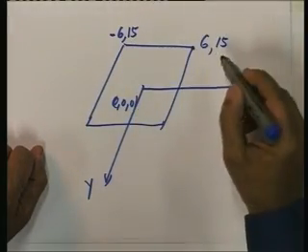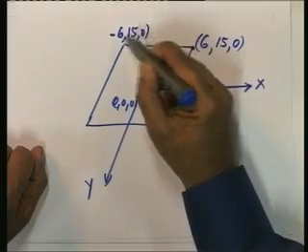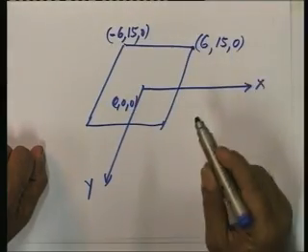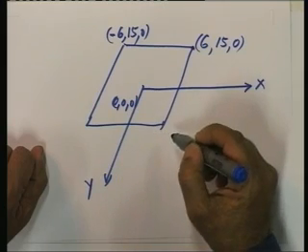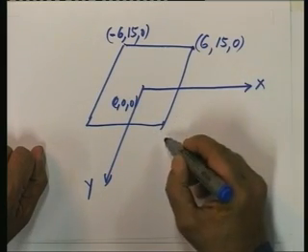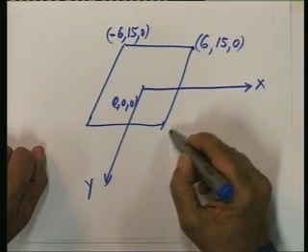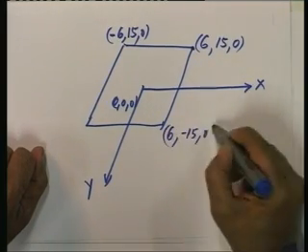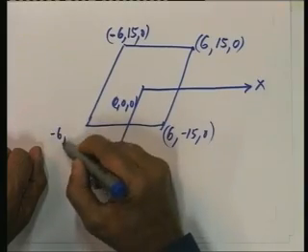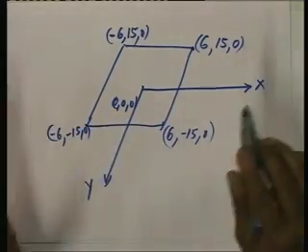The depth is 0 because this is on the surface. Then we also have minus 15, which would come in this direction. So here we will have minus 15, 0, and here minus 6, minus 15, 0. These are the four corners of the rectangle.